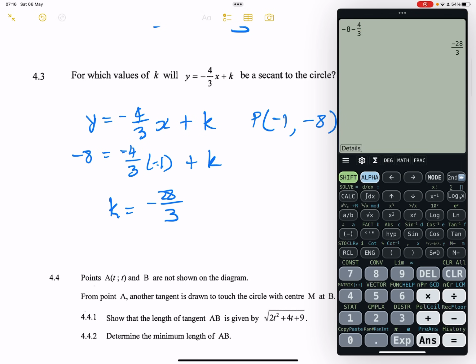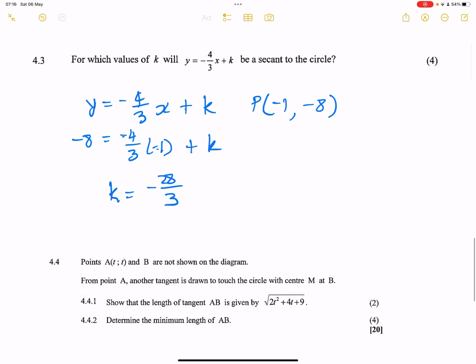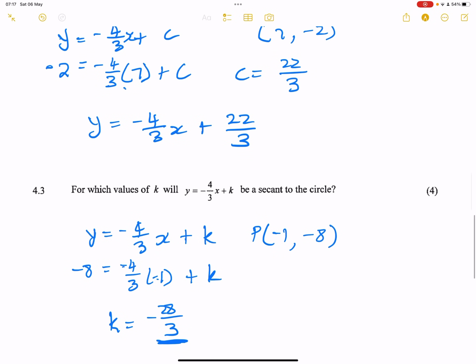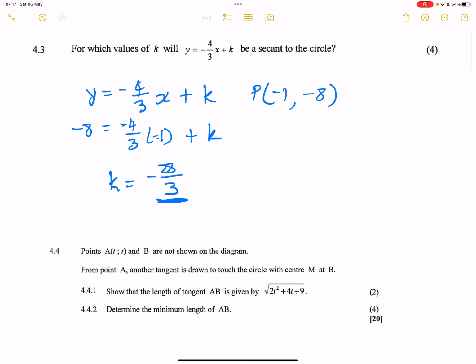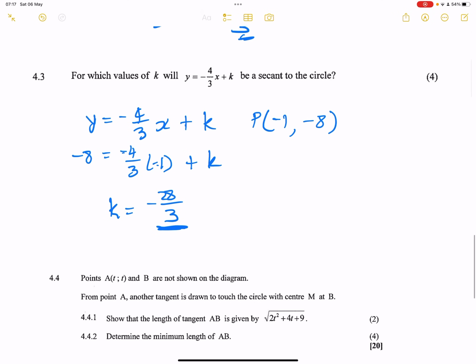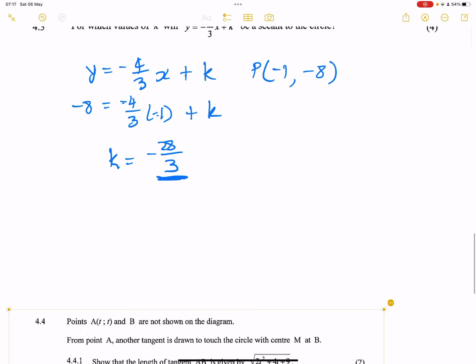Now, they wanted to know for which values of k. So k must be between this value here as well as the y-intercept of our previous tangent. And they said it must be a secant, so it must not be a tangent, so we're not going to include the values where this becomes a tangent.